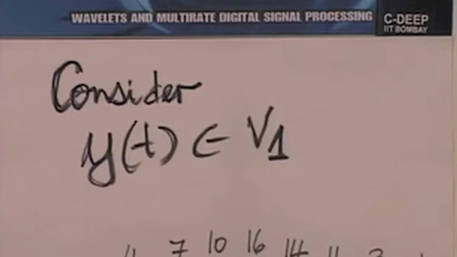So, we have this segment between -1 and 3, and the values in the successive half intervals here, starting from the half interval immediately next to -1, the piecewise constant values are 4, 7, 10, 16, 14, 11, 3 and -1.